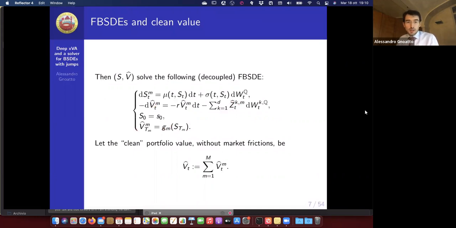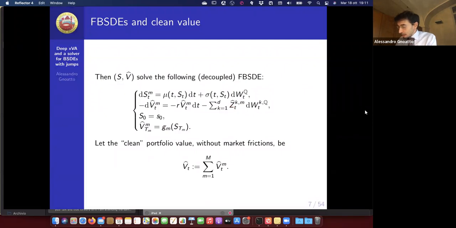So solving the BSDE gives you not only the initial value of the conditional expectation, which is computed with respect to F0, but once you know the solution of the BSDE, you know the whole future evolution of your conditional expectation. Also, you know the hedging strategy.